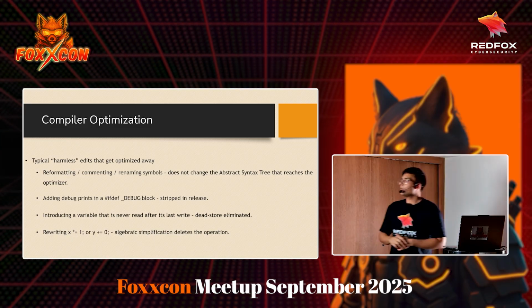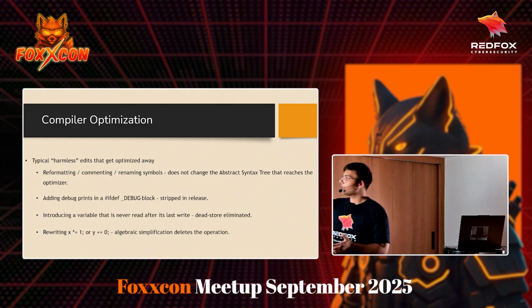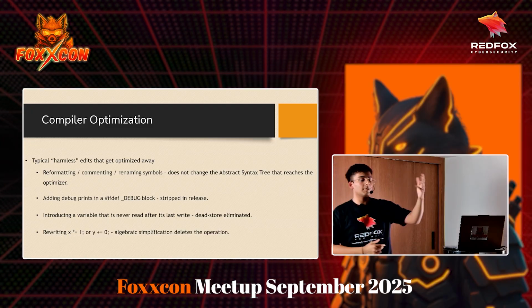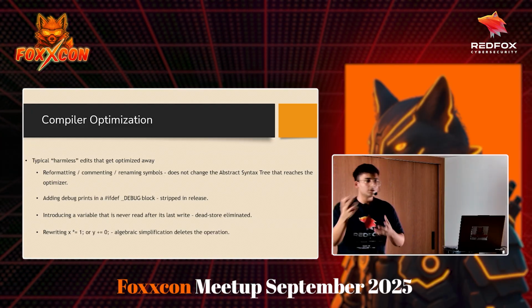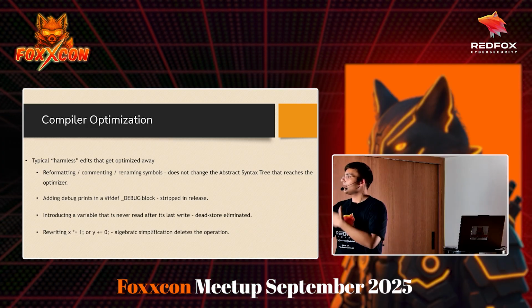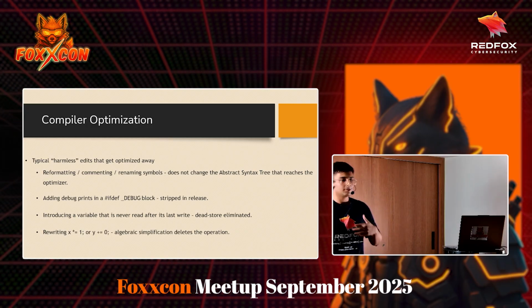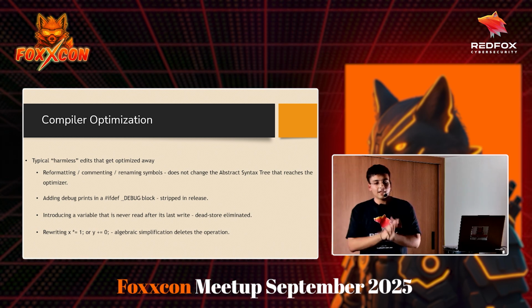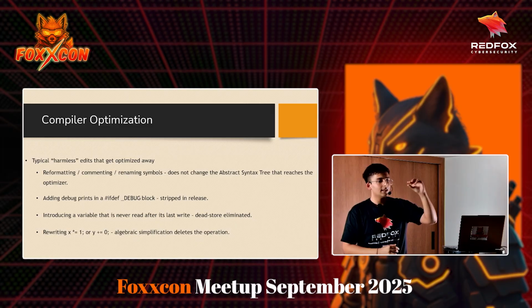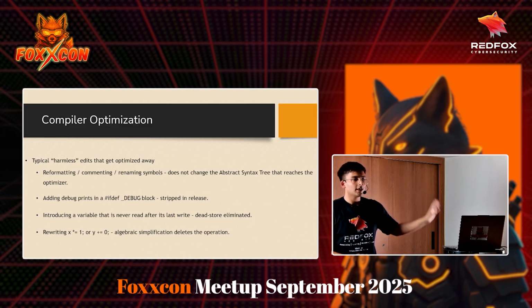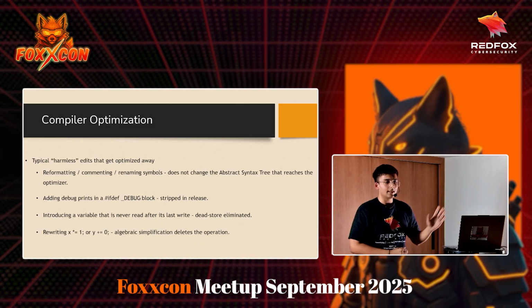And if you introduce a variable that's never read after the last line, for example, instead of breaking it into 3 lines, I could have made a new variable which was an arithmetic manipulation of the other variables used. But if I was not going to use it later in code, the compiler will actually drop that line of code in the intermediary representation stage, right?